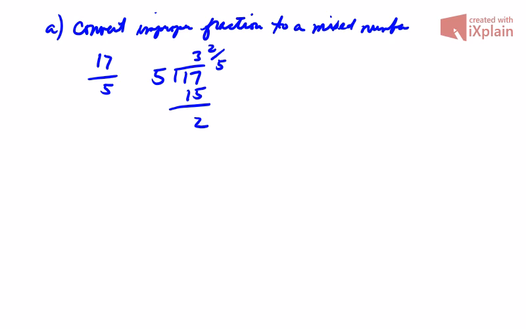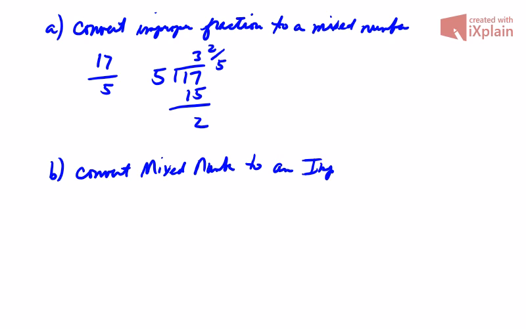Now, let's go backwards and convert a mixed number to an improper fraction. And we'll have to do this quite a bit whenever we're doing multiplication and division of fractions. Okay, so let's take that same value, 3 2/5 that we converted earlier in part A, and let's convert that to an improper fraction.